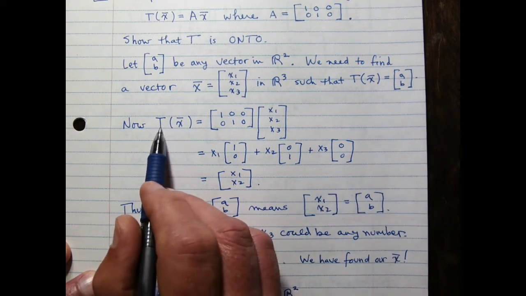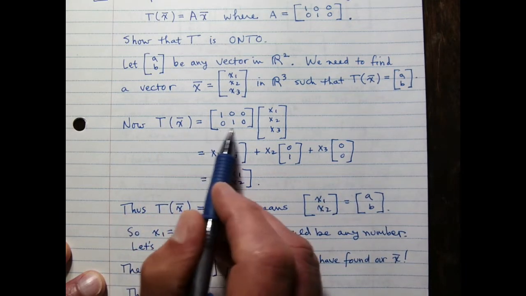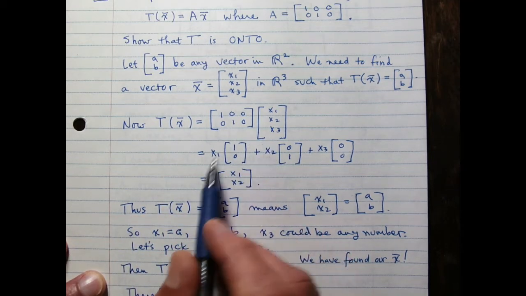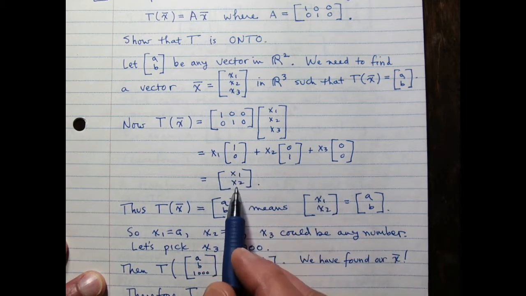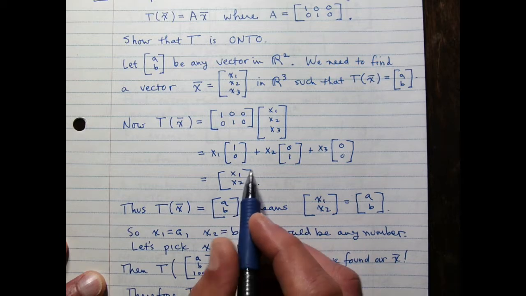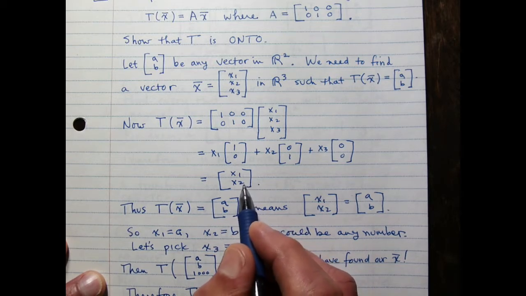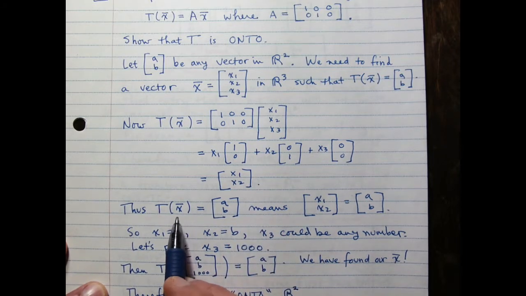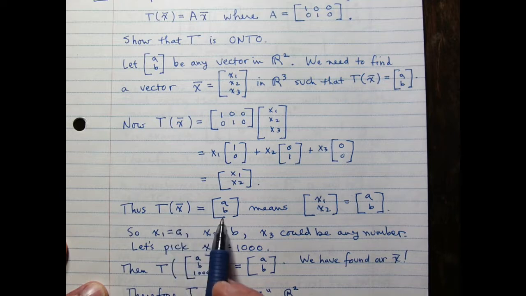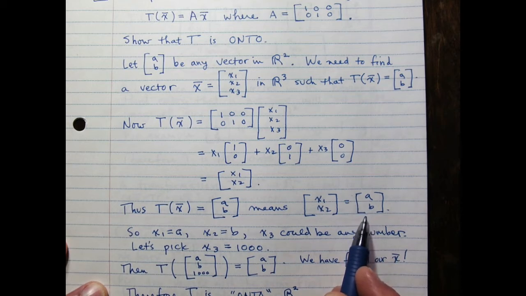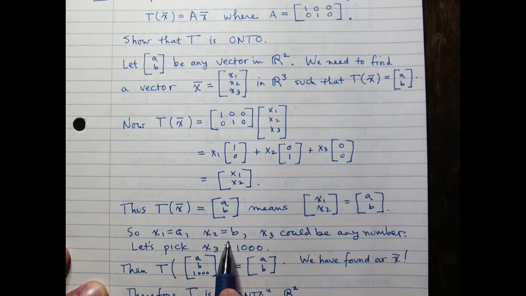Now, we can write down what T of x does, because we have the matrix A, right? T of x is the matrix A times the vector x, and here I write out what we end up with from this matrix, which is just (x1, x2). It takes the first component of x, the second component of x, and just leaves it as a two-component vector. So if T of x is equal to (a, b), that means (x1, x2) has to equal (a, b), and that means x1 has to equal a, x2 has to equal b, x3 could be anything.